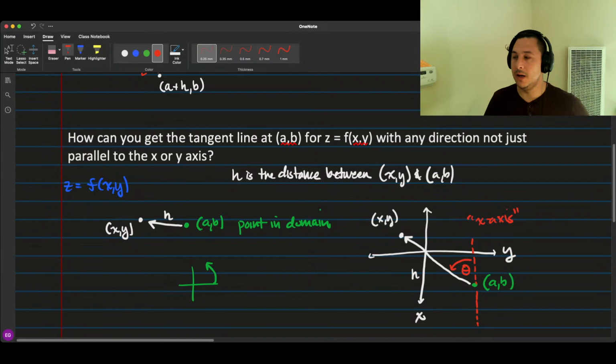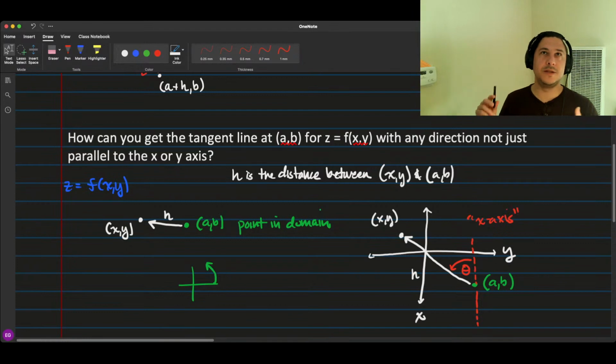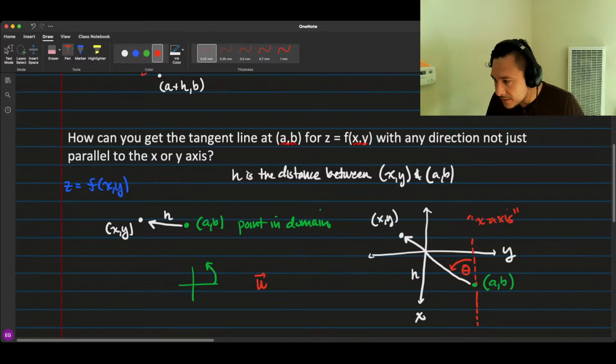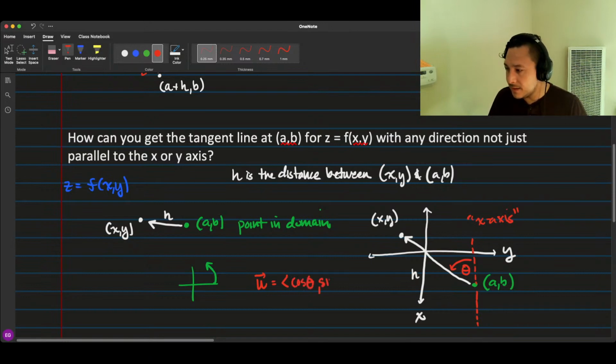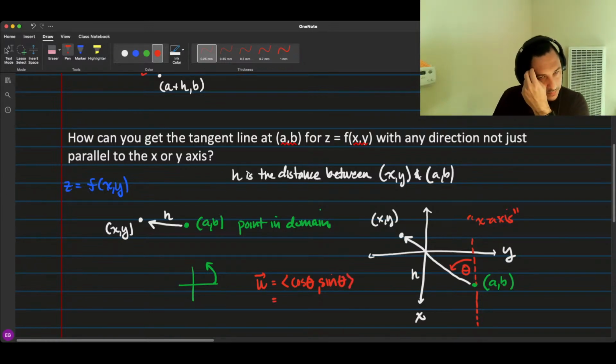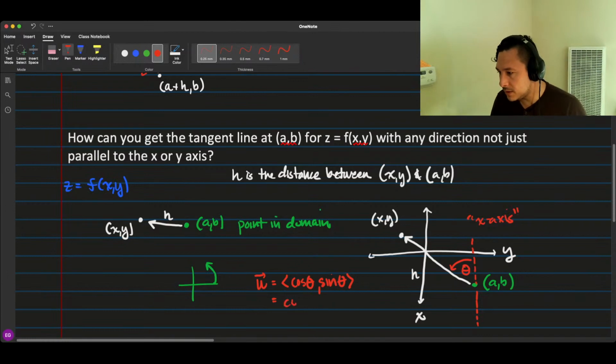So when you have an angle theta, you can now talk about moving in the direction of a vector. I'm going to talk about the vector u, and this vector u is going to have components cosine theta and sine theta. Or you could write it with the unit vectors: cosine theta i hat plus sine theta j hat.